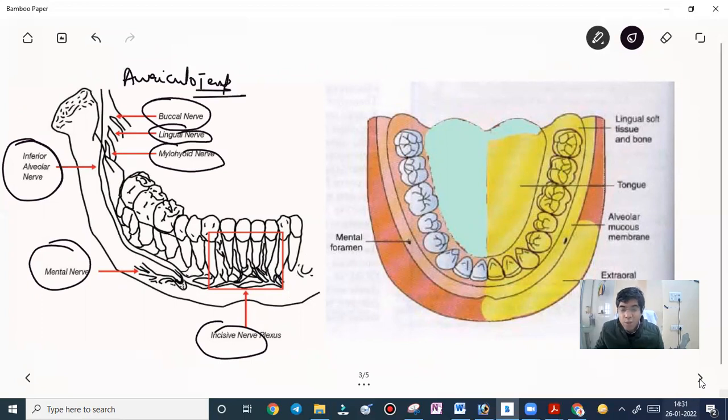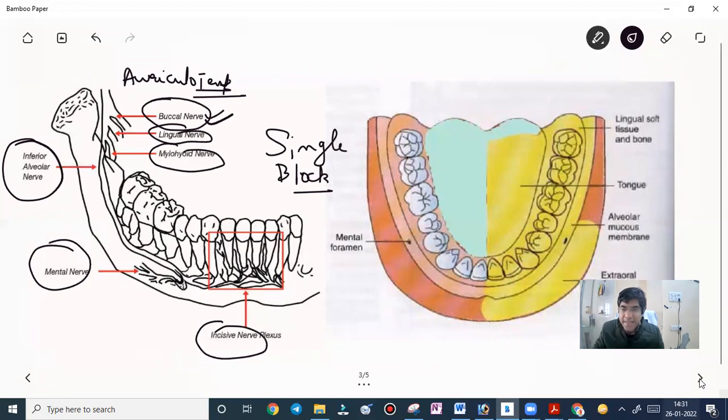So remember, all these nerves are blocked with the single block. Also, the buccal nerve is anesthetized with this single block.